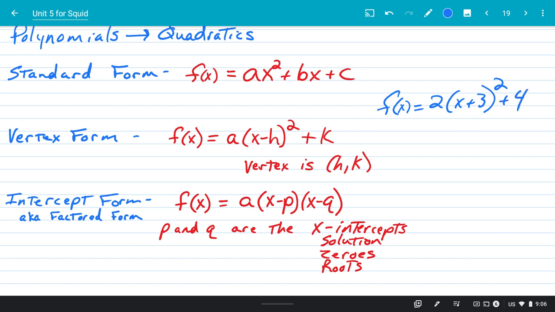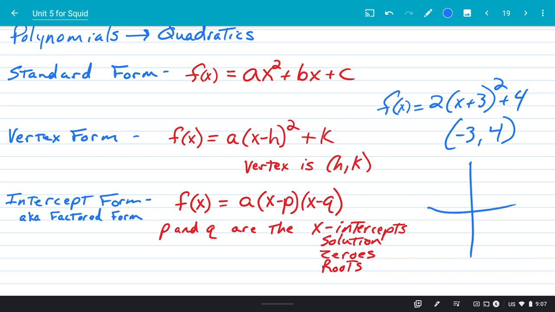What is my vertex? Wow. I don't know if you could hear that on a video, but everybody was answering negative 3, 4. It's almost like we can just look at it and we can see this number, take the opposite of that one. So negative 3, and then look at this number, and that's my y value. Yes, that's right. I can actually just look at it and see my vertex.